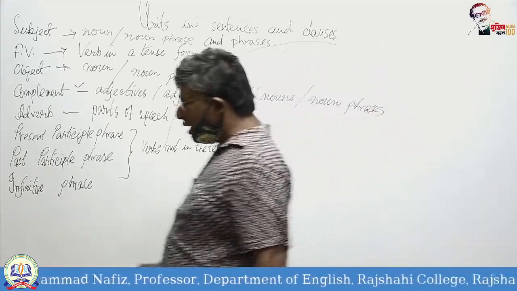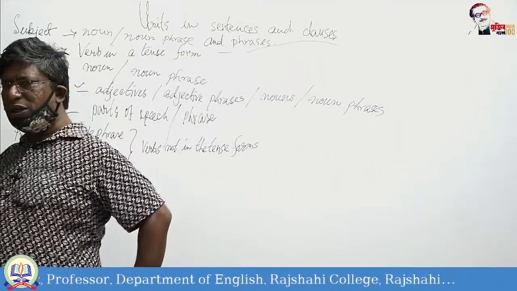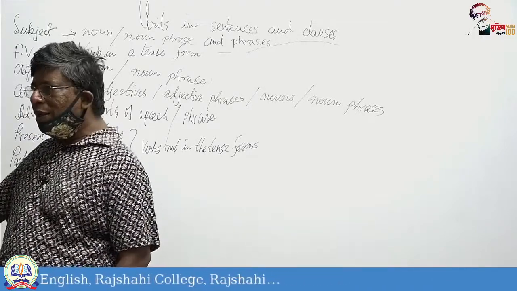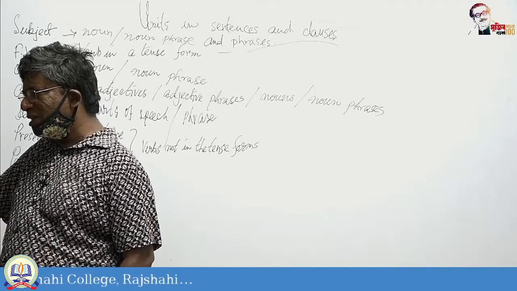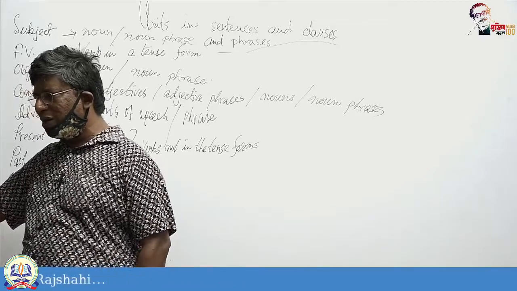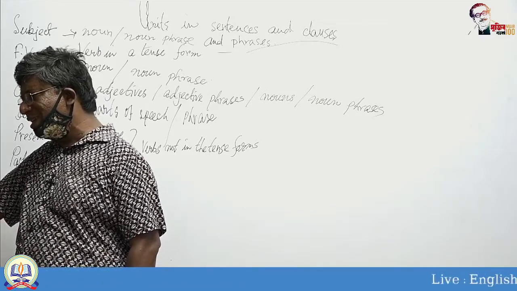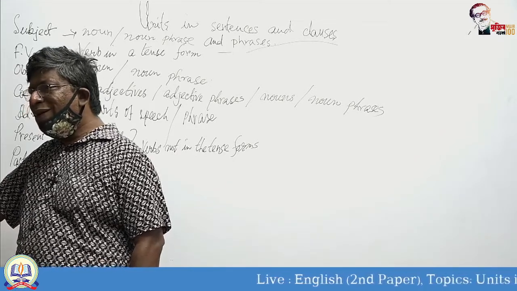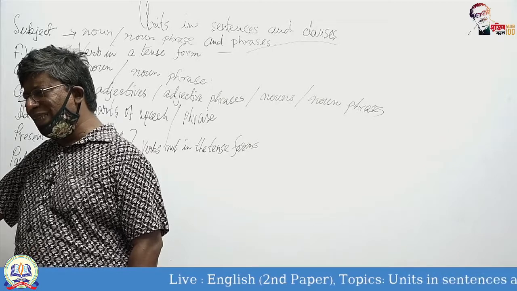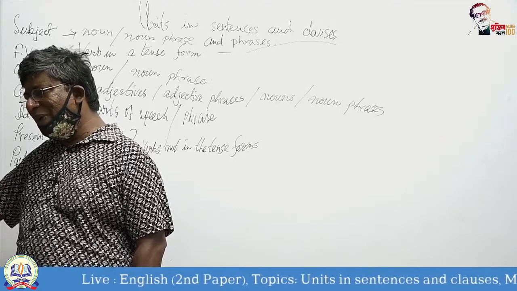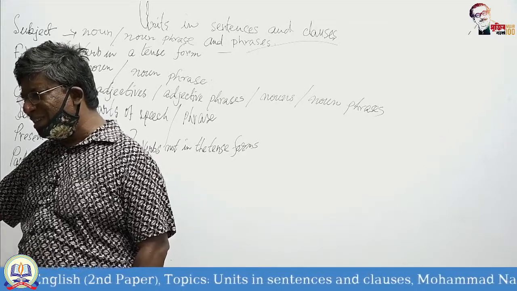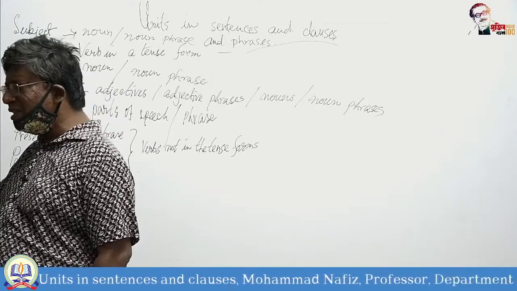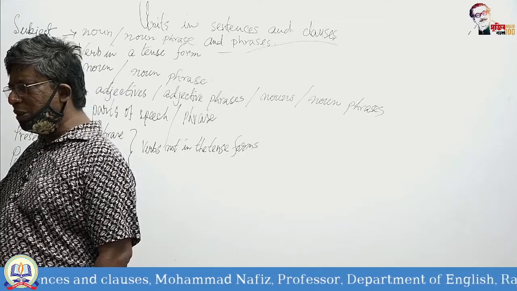Whenever we get a unit in a single word, we call it a parts of speech. Well, in our student life in the early days, I can recall that we were told that all words in a sentence are parts of speech. Actually, there are certain words which independently make a unit in a sentence. These words are called parts of speech.